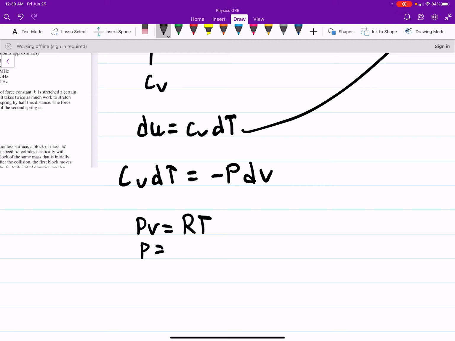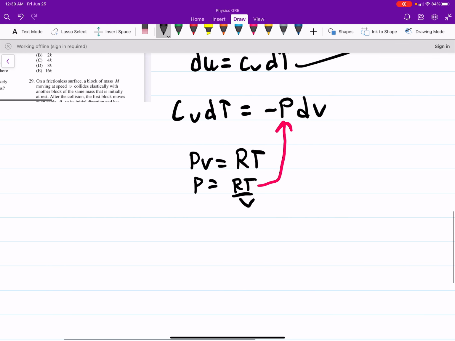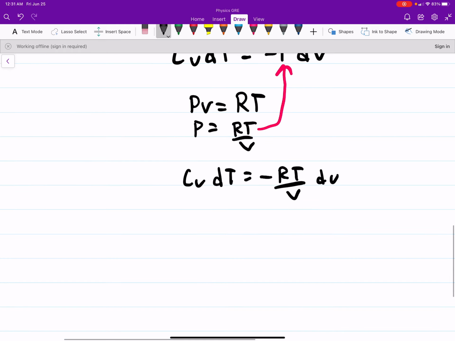Which means that your pressure then is RT over V, and this can now be plugged into here. So Cv dT equals negative RT over V dV. Rearranging this, we can divide by the T, so I'm getting my T's and V's onto one side. I'm dividing over by Cv as well.